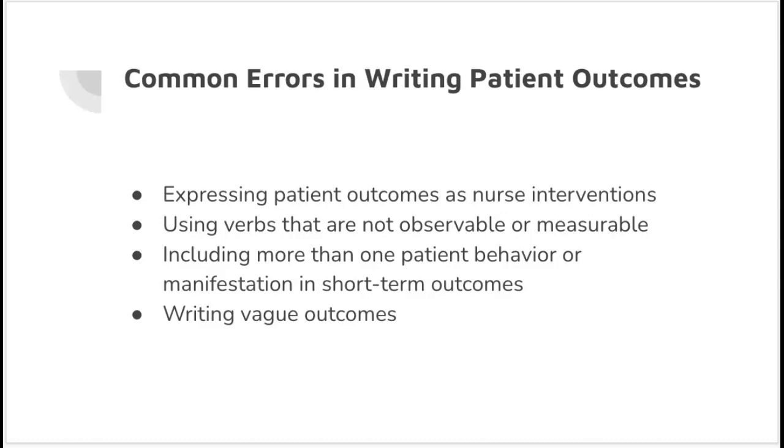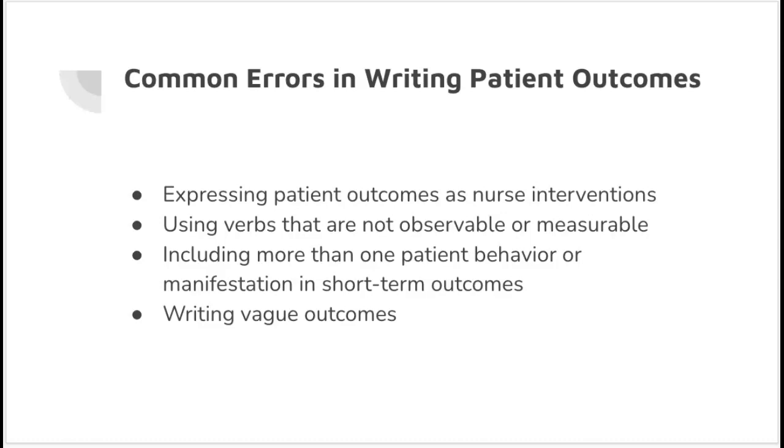These are common errors that you'll run across, and as you're learning to write these outcomes, you may have those errors, but it's okay, and we'll definitely work through them so that by the end of this program, you'll be able to write those patient outcomes specific to the patient, that are prioritized based on their needs.